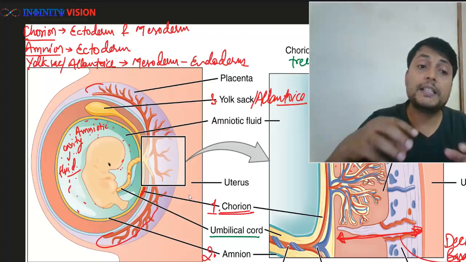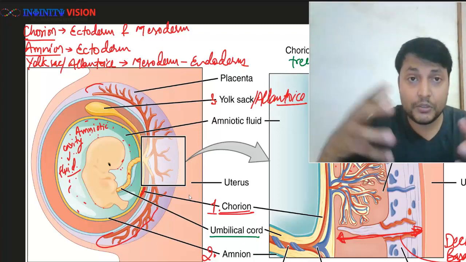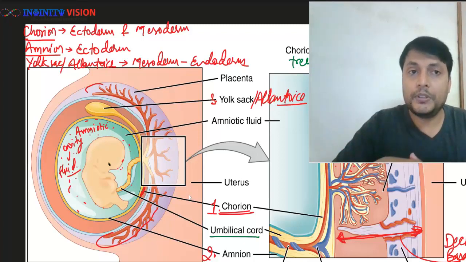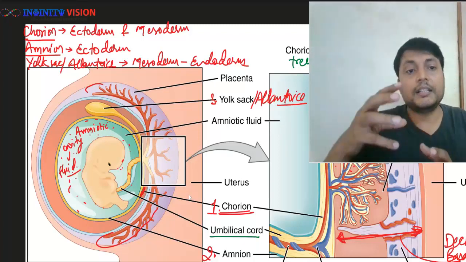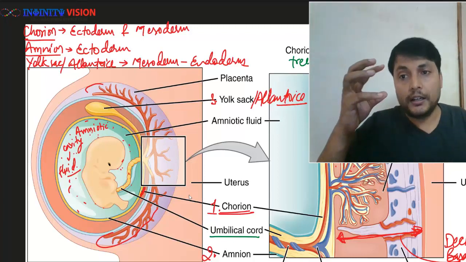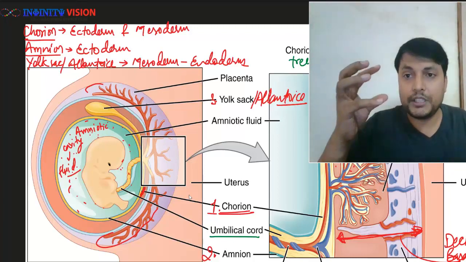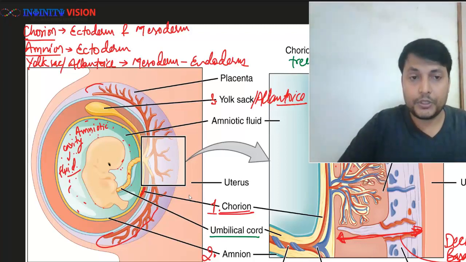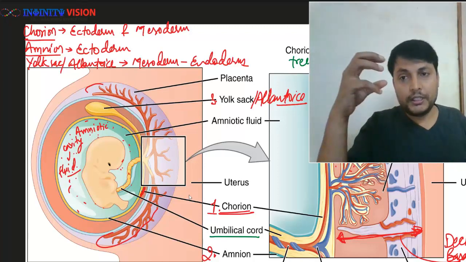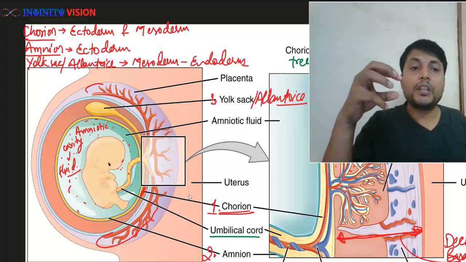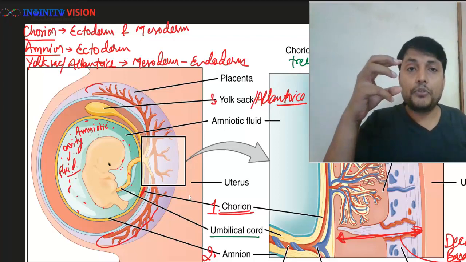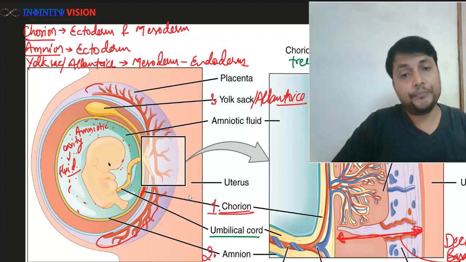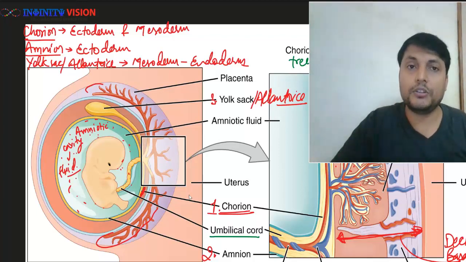In human beings the yolk sac is highly reduced, but in other animals like birds, reptilia, fishes, it is developed and it possesses the yolk, which is the nutritive substance or food for the growing embryo. In all these animals in which the amount of yolk in the egg is more, the yolk sac is larger and it contains the yolk. Hence it is called yolk sac.